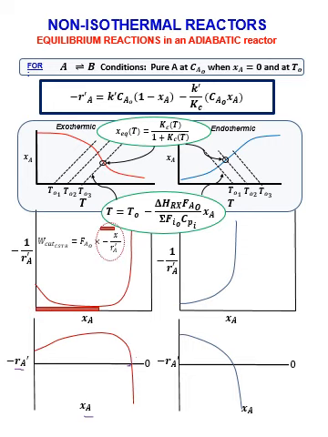The Levenspiel plot is handy, of course, because it gives us a graphical idea of when we size reactors to obtain the minimum amount of catalyst or the minimum volume. We would first, especially for exothermic reversible reactions, target the point where the rate is a maximum and operate. Remember, a CSTR operates at a specific state, so it will operate at that rate, and at that maximum rate I will target a CSTR.